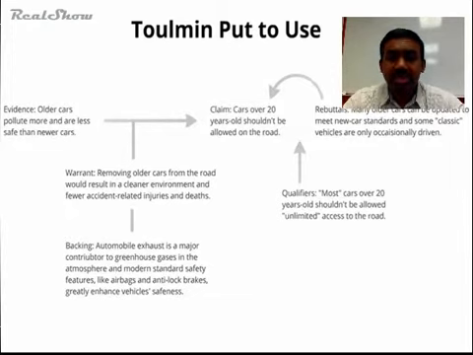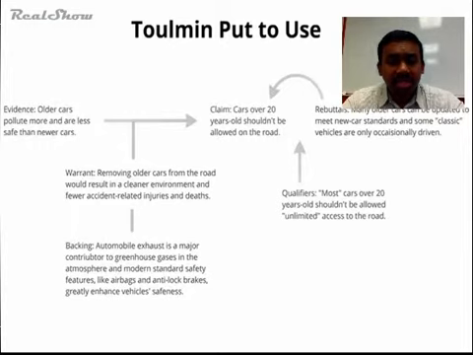The claim here is that cars over 20 years old shouldn't be allowed on the road. And then the specific evidence that you bring for that claim is that older cars pollute more and are less safe than newer cars. And then you come up with a warrant or an assumption that removing older cars from the road will result in a cleaner environment and fewer accident-related injuries and deaths. And then you come with more backing for your assumption.